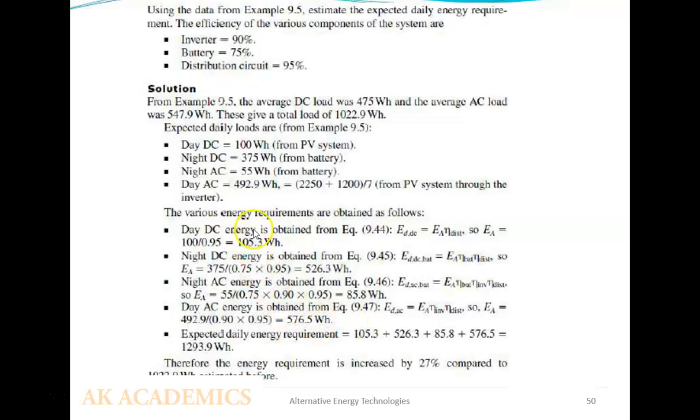So what you will find out is that for each of the appliances, we've been able to calculate the daily energy requirement. So the expected energy requirement for all the appliances and for the PV that we have installed will be equal to the addition of all the individual energy requirements that we calculated for each load.